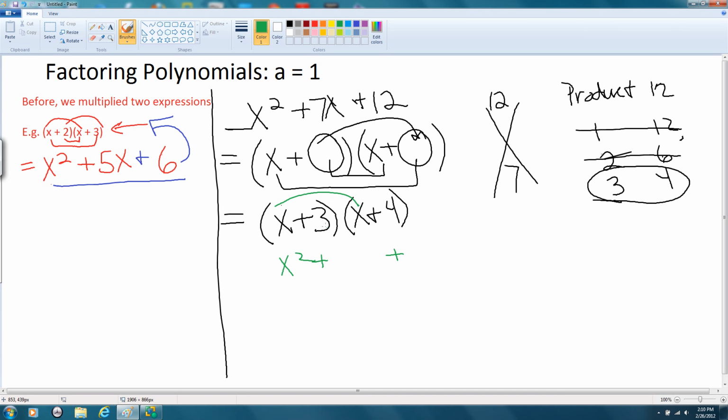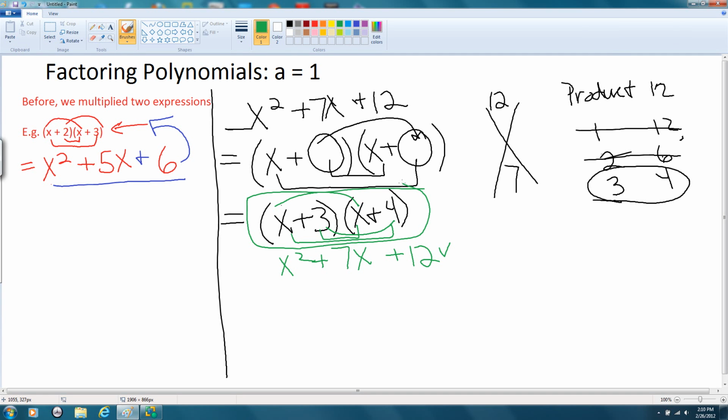For the last term we're going to get 12, so that's good. And then we get 3x plus 4x, we get 7x. So yes, it does check. Our answer, which I'm going to circle here, is this right here. Okay? So that was a simple one.